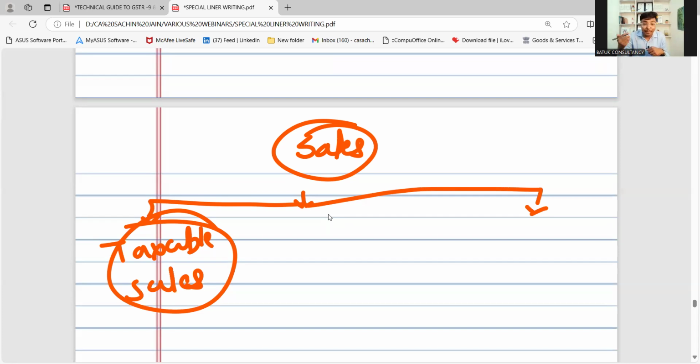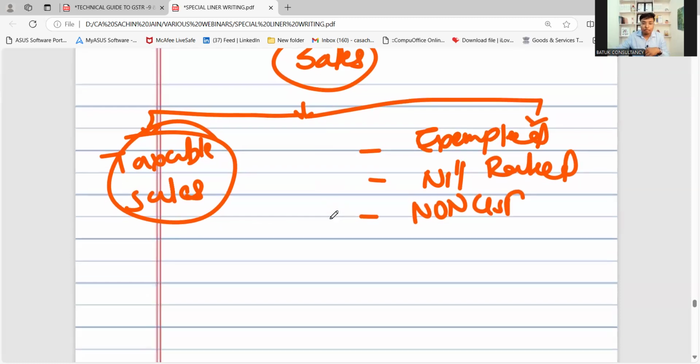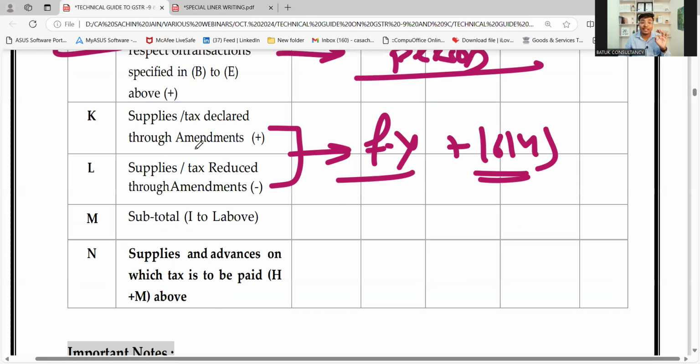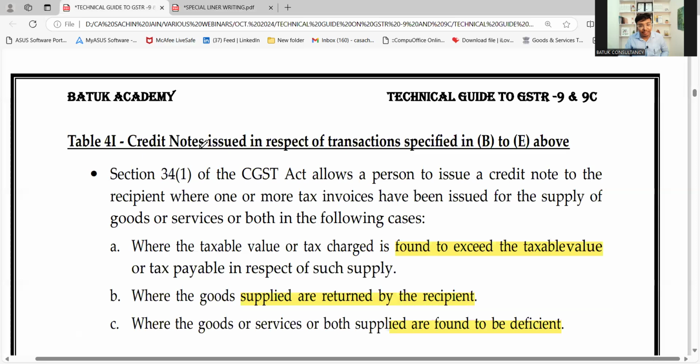So these type of supplies may be there, that is exempted, nil rated, non-GST, export without payment of tax, and under RCM, on which the recipient has to pay the tax. In such a scenario there will be no requirement to make the payment of taxes, but these sales will form part of your annual financial statement, audited financial statement.